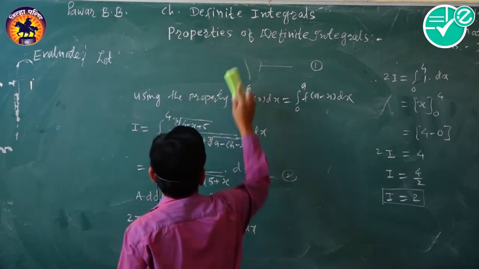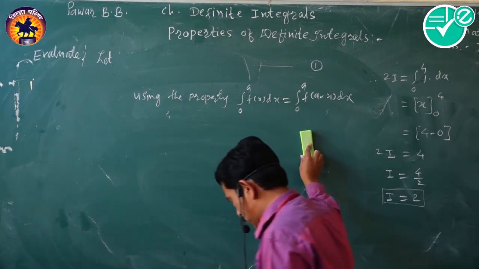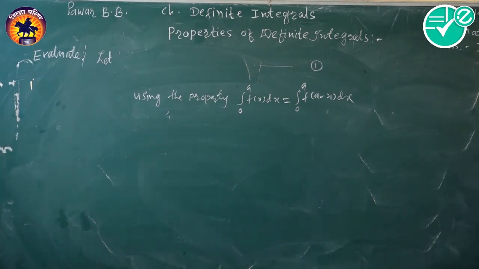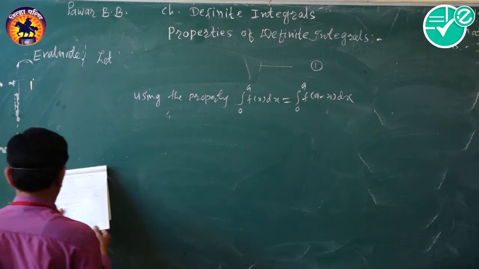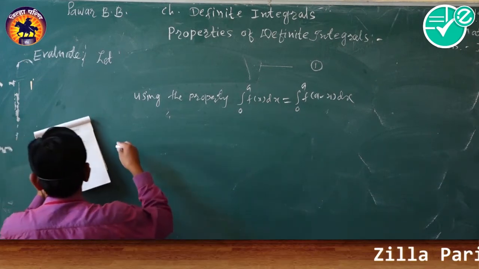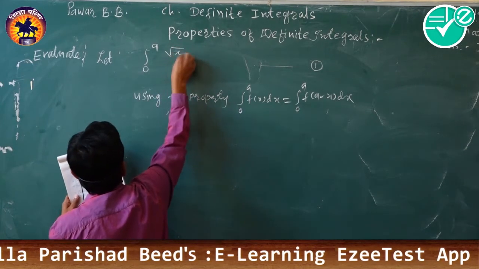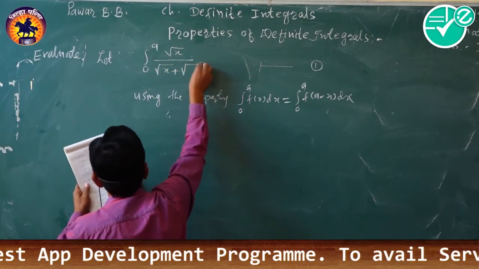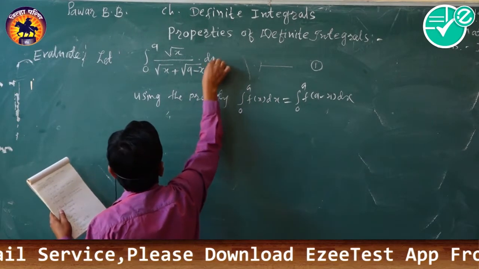Again, taking the next example. Evaluate integration from 0 to 9 of root x divided by root x plus under root 9 minus x dx.